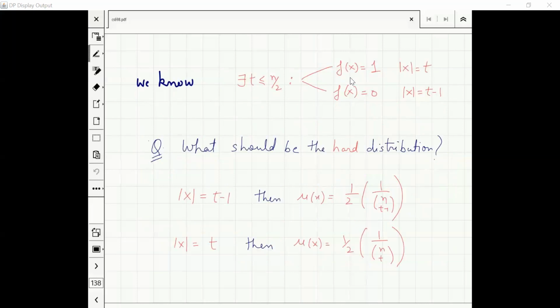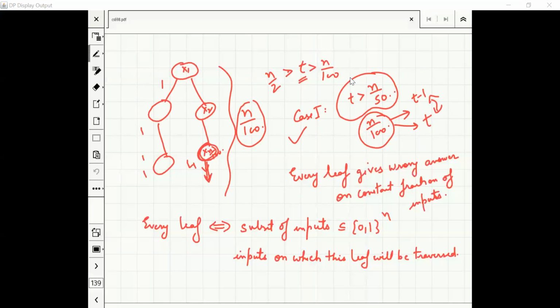That Hamming weight t minus 1 will be considered with this probability, Hamming weight t will be considered with this probability. And here we are saying that the failure probability would be a constant, just because we have to prove that it would be more than epsilon.